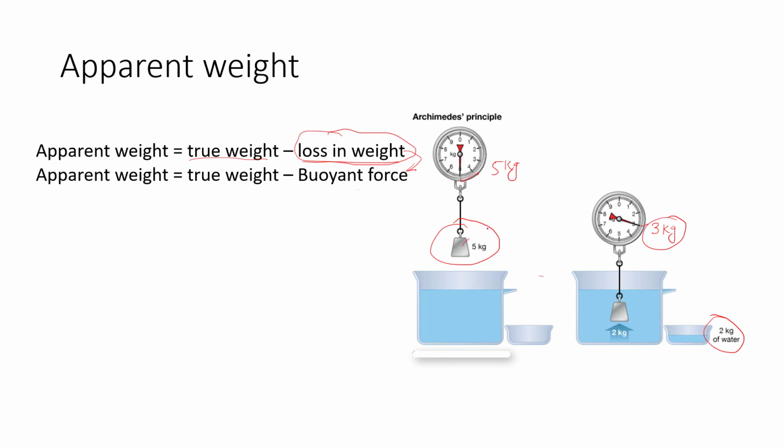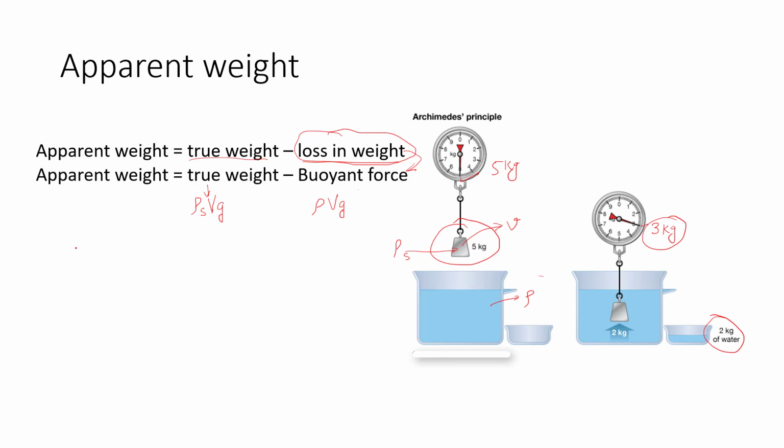Let's say this object has a volume V, the density of this solid is rho S, and the density of this liquid is rho. In this case, the true weight is equal to the mass of the object times g. Mass of the object is density of the object times volume of the object, so rho S V g, minus the buoyant force. Buoyant force is equal to weight of the displaced liquid, which, as we have seen earlier, is equal to rho V g, correct?